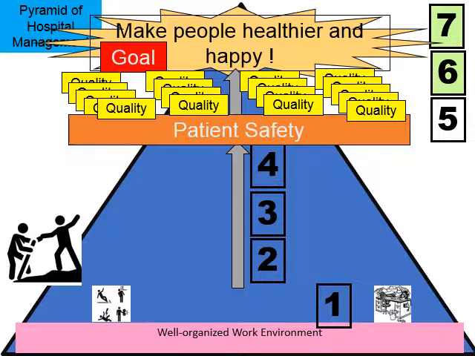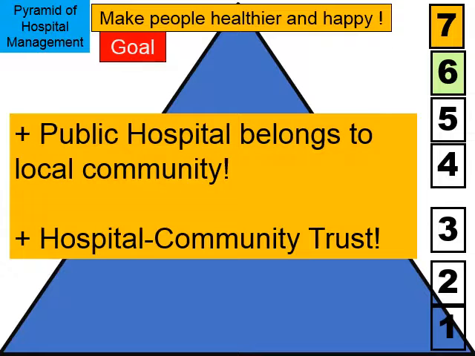Maintaining the improved work environment, patient safety should be a reliable foundation of quality of each medical service. Obviously, the local community of a hospital always expects better services with safety. Trust between the hospital and the catchment community should be further improved.